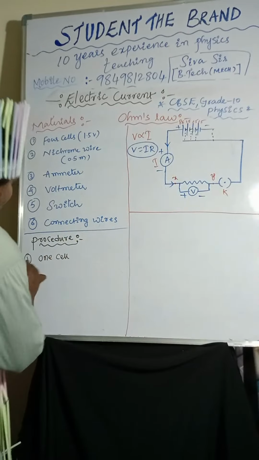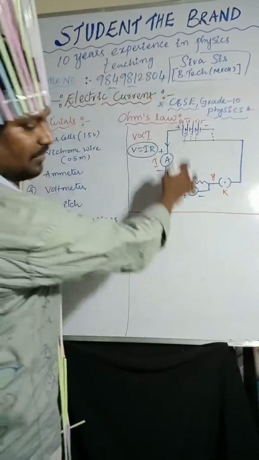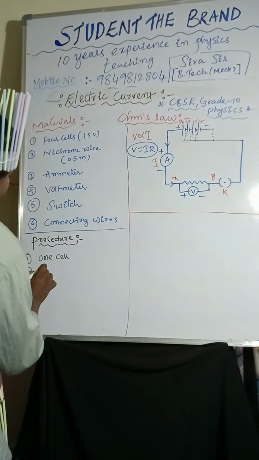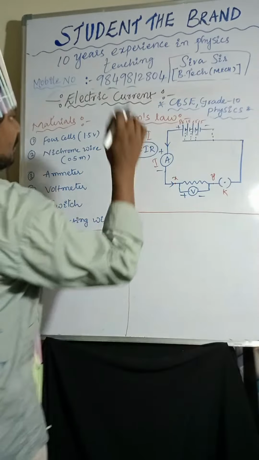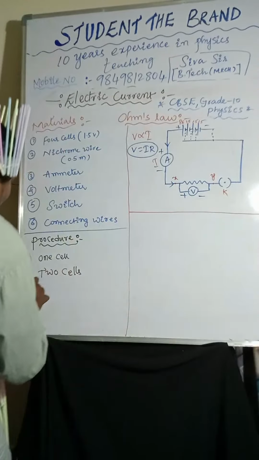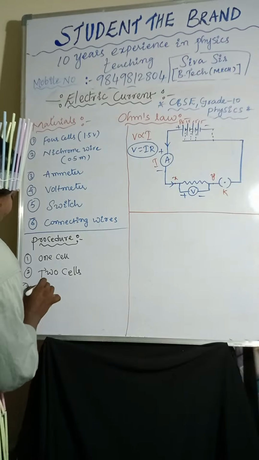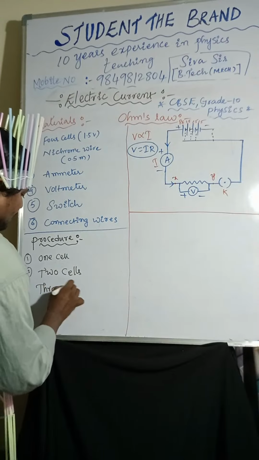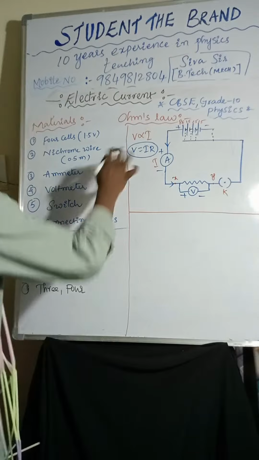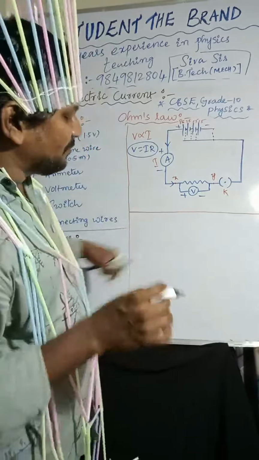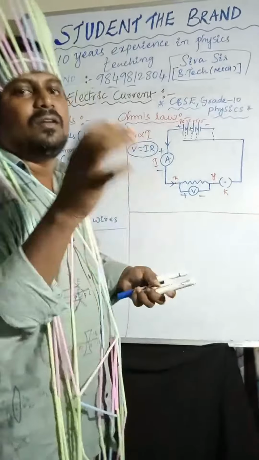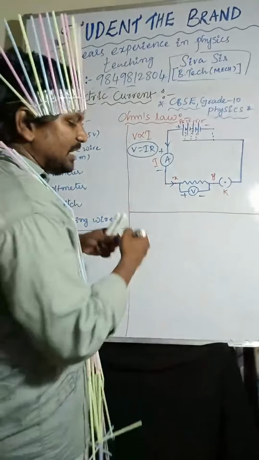Second, connect 2 cells and note down the reading of ammeter and voltmeter. Connect 3 cells. Each and every time you measure potential difference and current, then you mention them in tabular form. So I'm drawing now. You have to mention it in this tabular form.